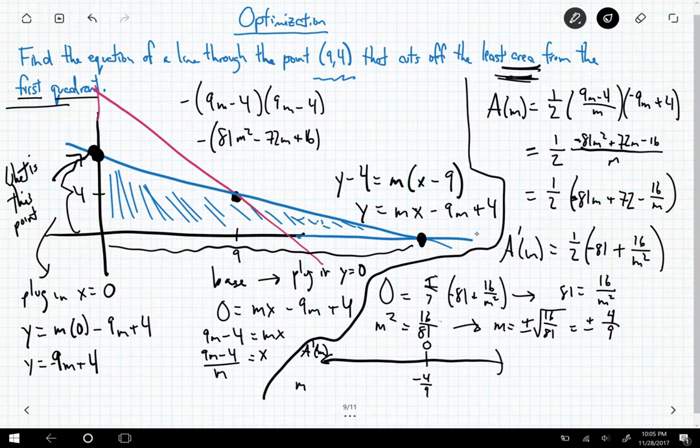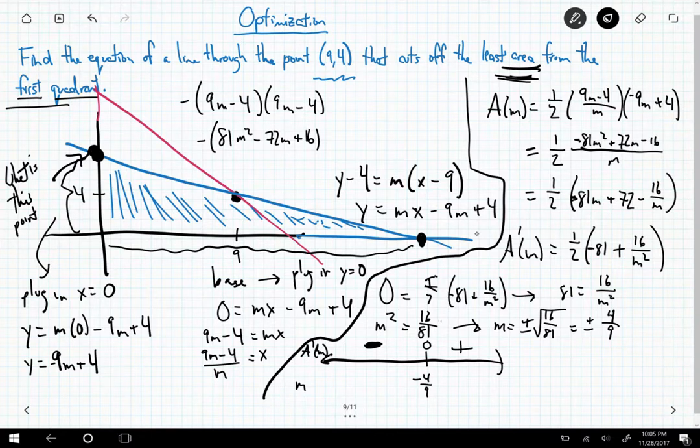When you plug in negative 1, notice you get negative 81 plus 16. That's a negative number. Okay, and then pick a number really close to 0. So for example, let's try 1 over 16, or negative 1 over 16. That would probably do the trick. So notice that becomes 16 squared, which is much larger than negative 81, so that would actually be a positive in that case. So it goes from decreasing to increasing.